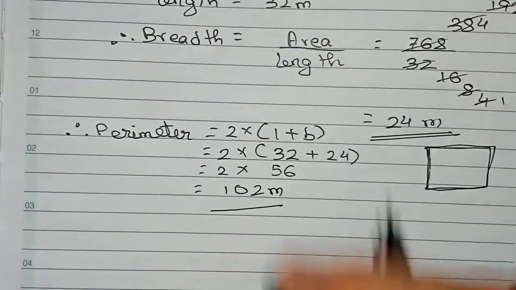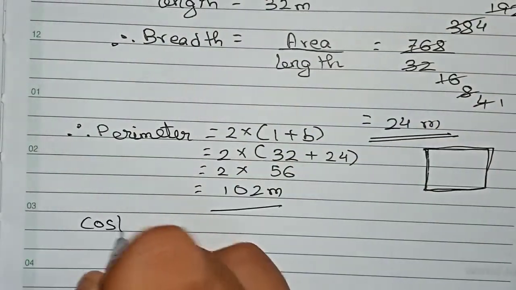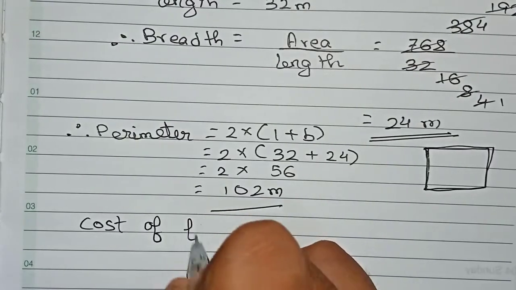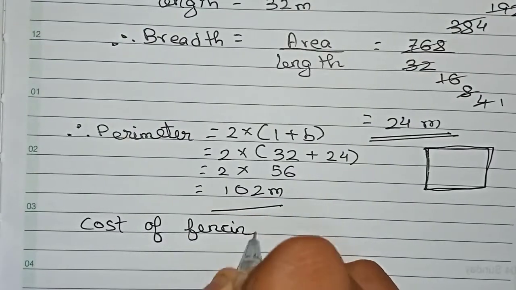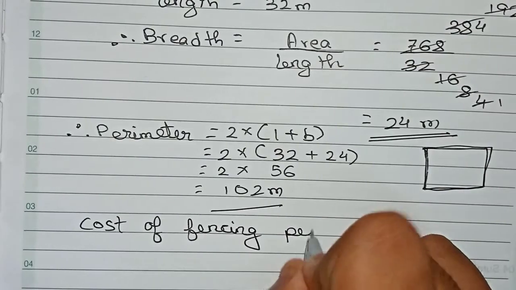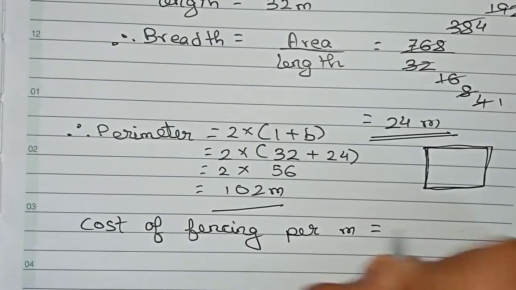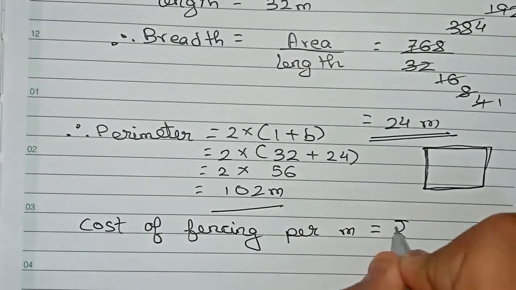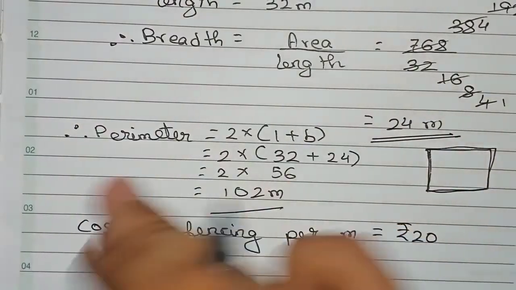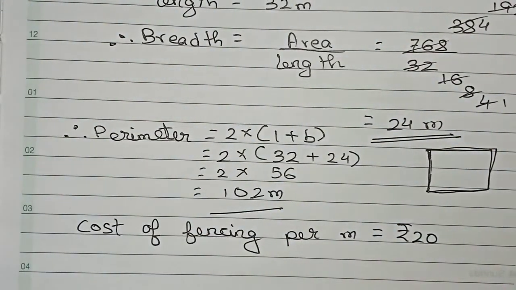So now you write that cost of fencing per meter equals, so in the question it is given rupees 20. So therefore cost of fencing per meter is rupees 20.